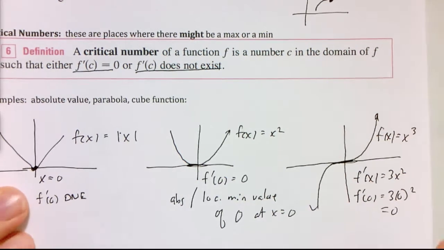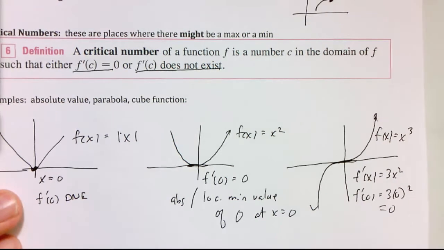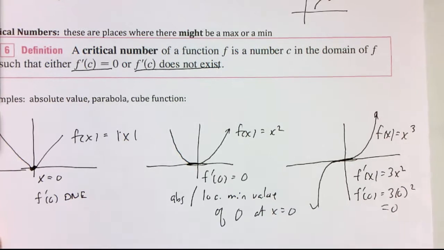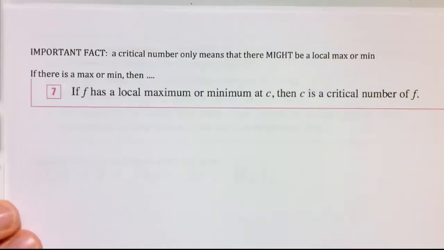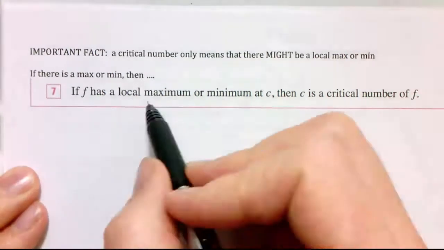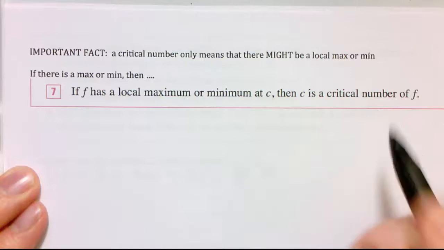Just because you're at a place where the derivative is 0 or because the derivative fails to exist there does not necessarily mean that you have a max or a min. But if you turn it around, then if you do have a max or a min, then that location has to be a critical number.